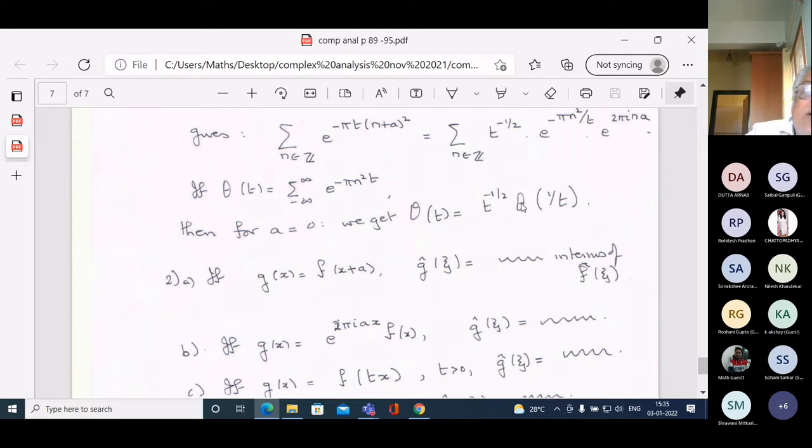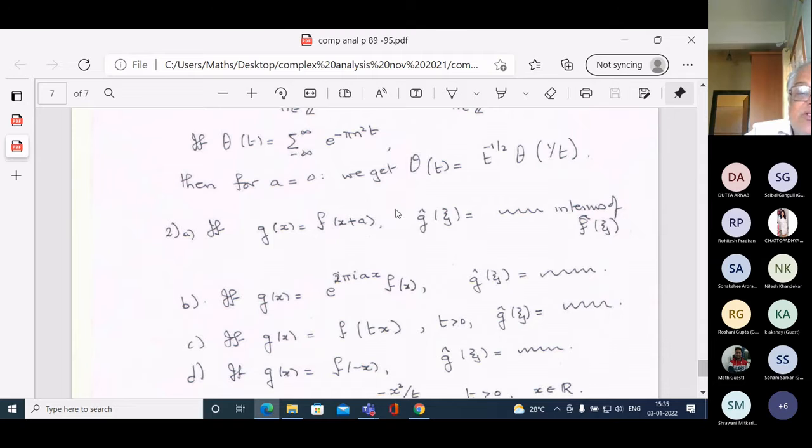Theta of 0 is some finite number, and therefore theta(t), when t tends to 0, looks like 1 over square root of t. So remember, theta(t) is blowing up at t equal to 0, but it is blowing up in a nice enough manner. So near t equal to 0, theta(t) looks like 1 over square root of t. And near t equal to infinity, this thing has exponential decay, which I'll come to in a little while. This is what I want from the theta function.